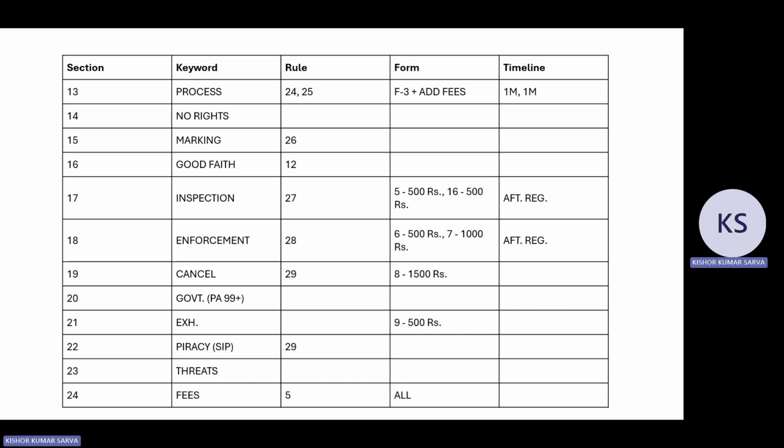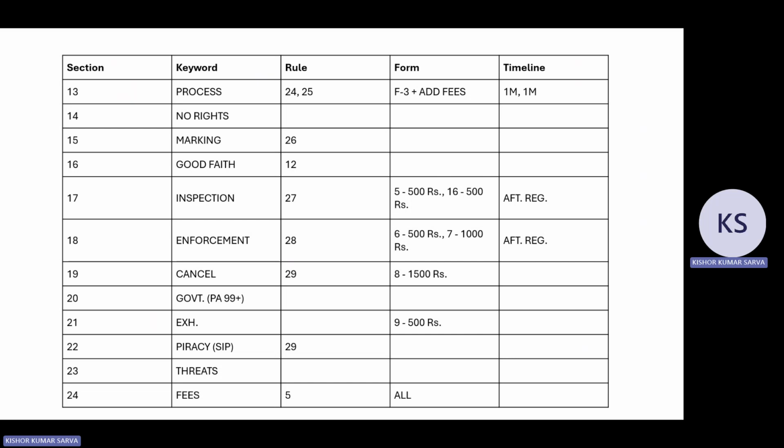Now, section number 13 talks about the applicable rules, which are 24 and 25. Here it gives you a procedure to evaluate the reasons for the lapse. Did the applicant fail to do it unintentionally, or did an undue delay happen, which is why he could not do it?